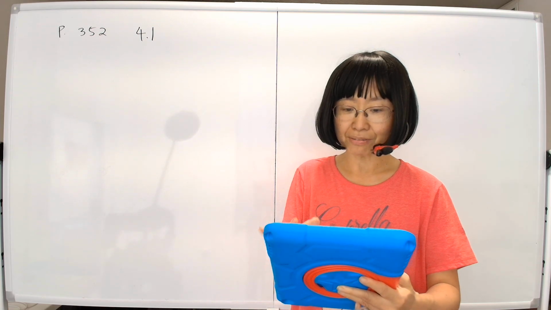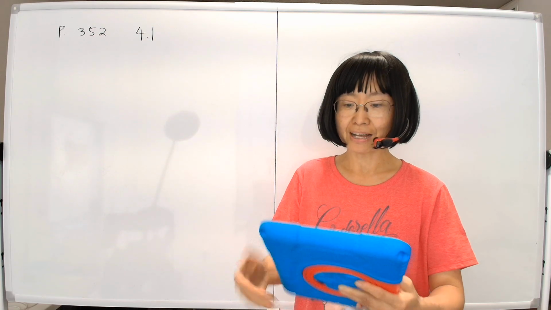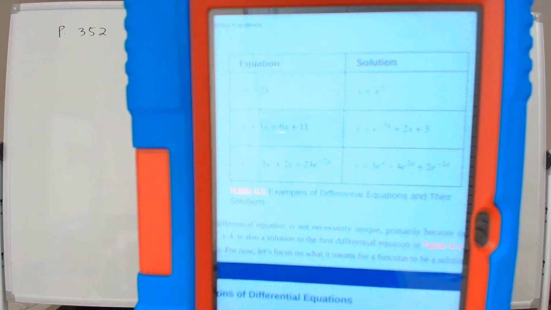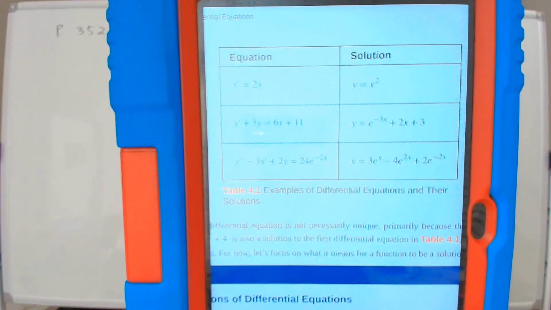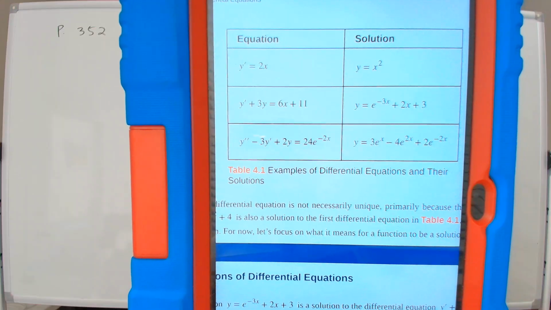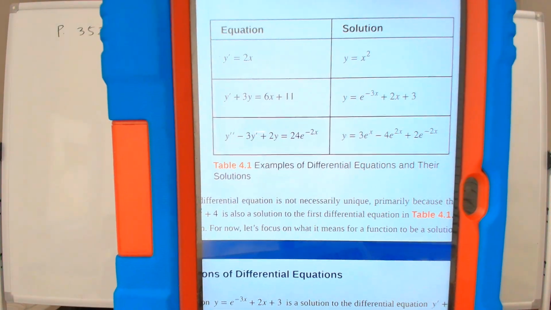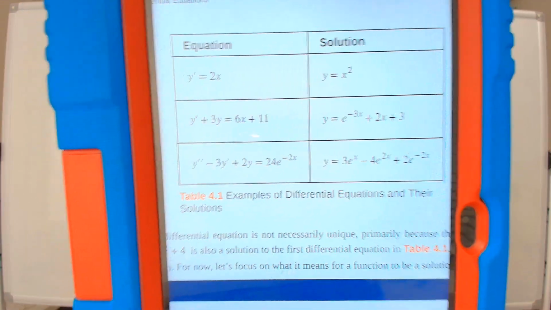As an example, let's look at the next page, where you have a bunch of differential equations. The first differential equation has no y in it, just y prime, so that's slightly easier to do.